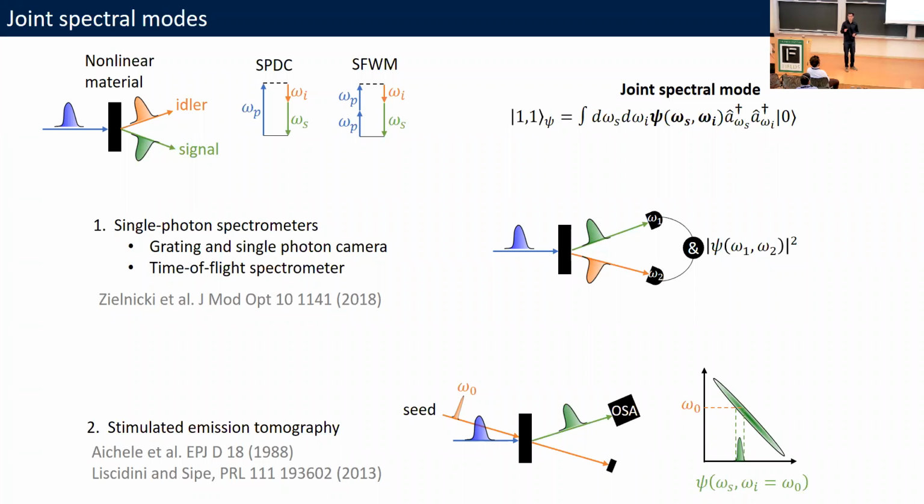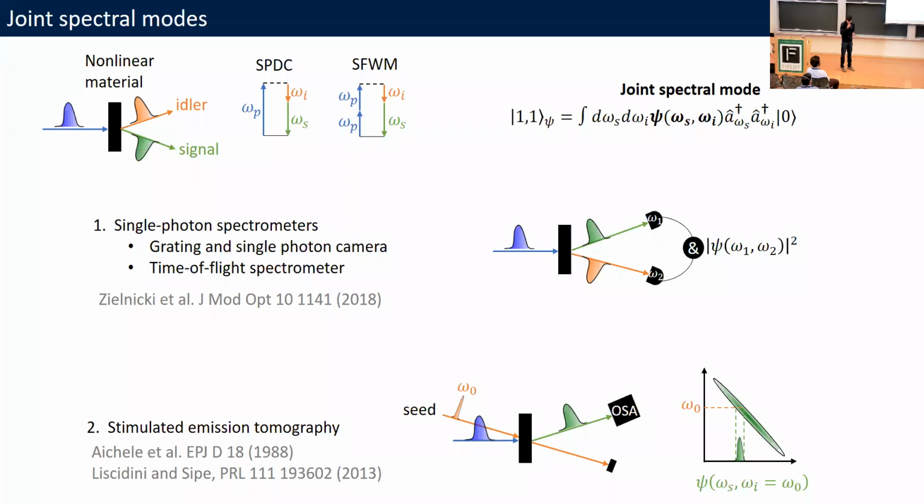The important thing is that the spectral mode of that green pulse is exactly the same as the spectral mode of the spontaneously generated photons, given by a cross-section of the joint spectral mode at the seed frequency. If you scan your seed frequency and measure the spectrum of that green pulse, you can map out the entire joint spectral mode, again, in intensity.